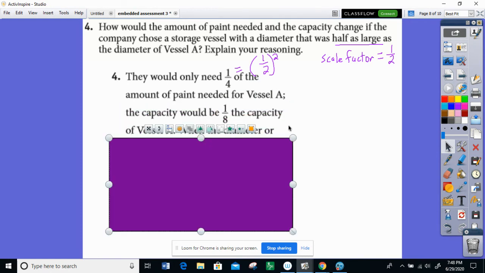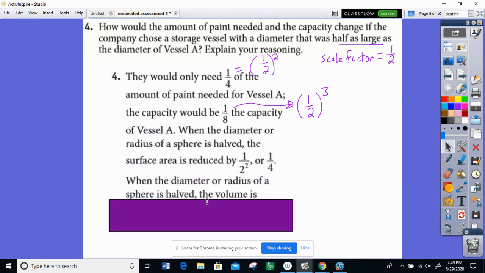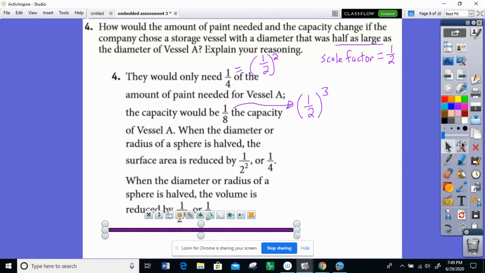The capacity would be 1/8 the capacity of vessel A. And the way that we could show our work for that is, since volume is a cubic measurement, we would take the scale factor, we would cube it, and that would give us the reduction factor for the volume. And then they're going to spend the rest of this explanation putting in words what we just worked out right here.